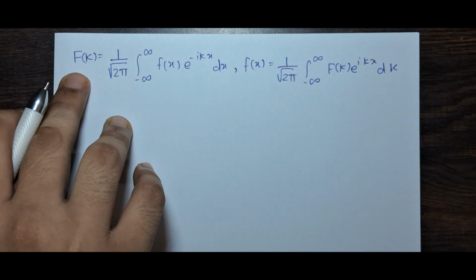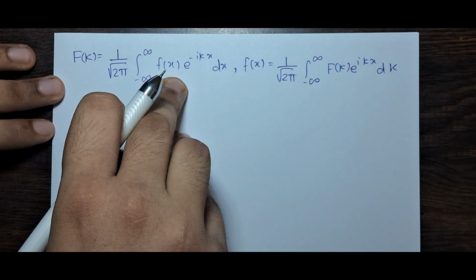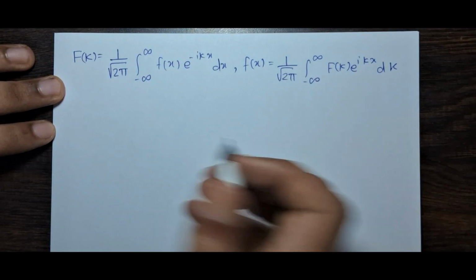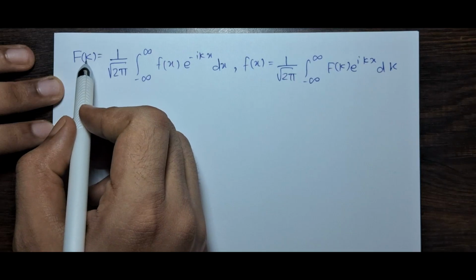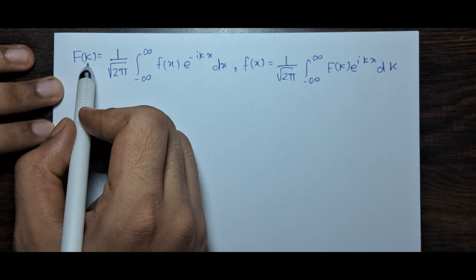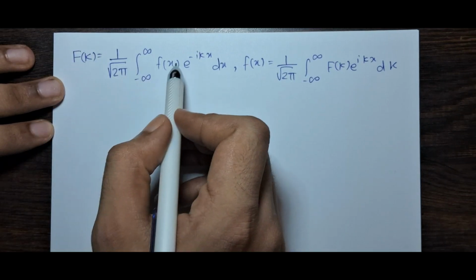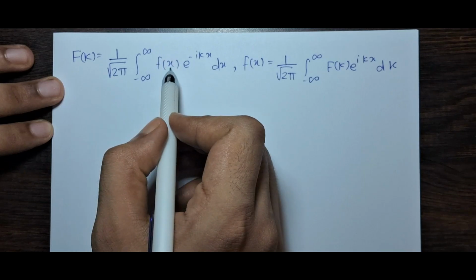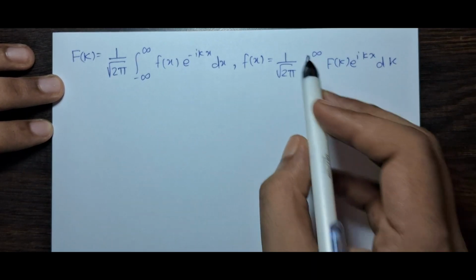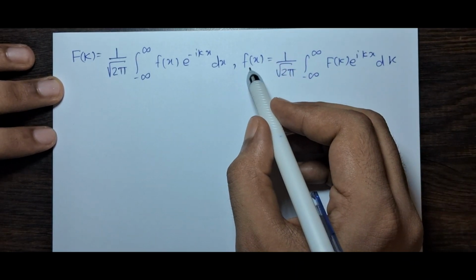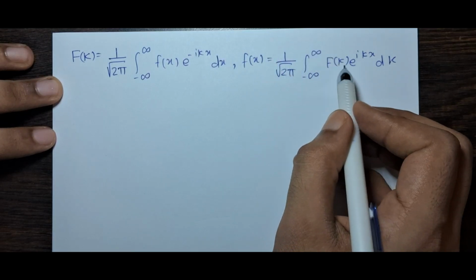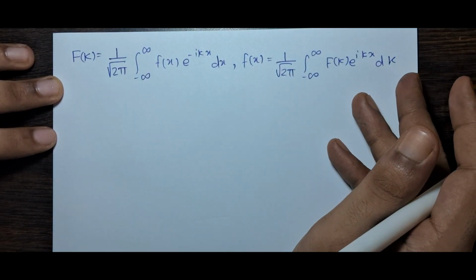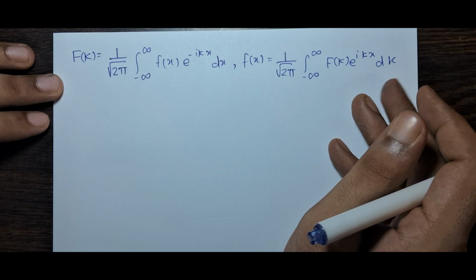We took different notations here for simplification because it will be better for us to understand. It just means the same as what we did here. So capital F of k is the function, and its Fourier transform is small f of x, and small f of x is the wave function, and its Fourier transform is capital F of k. It is just for the betterment of notations.